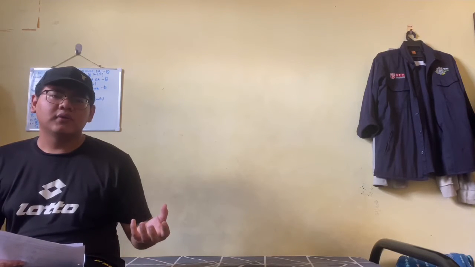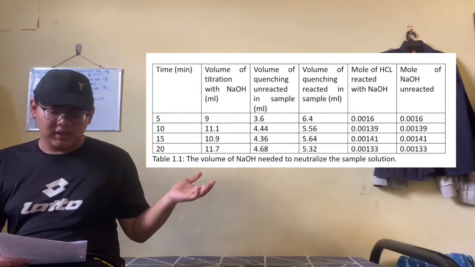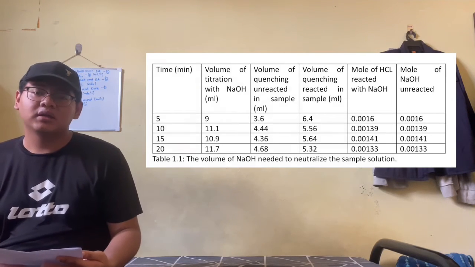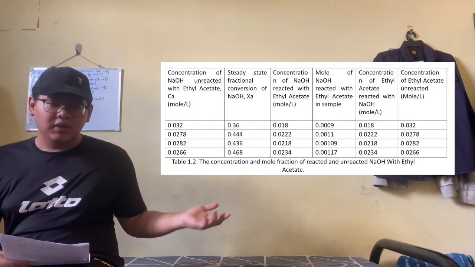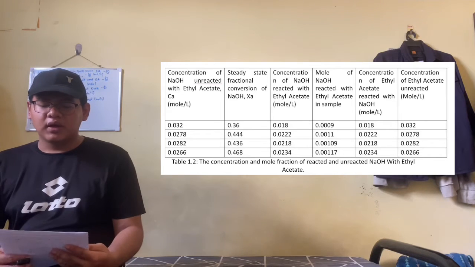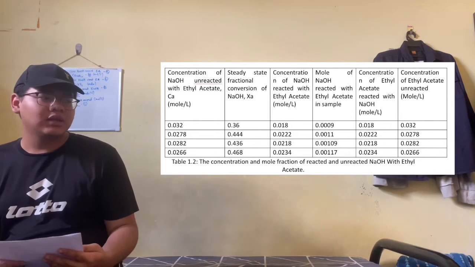The sample taken from the reactor is 50 ml. The first table shown here is the volume of sodium hydroxide needed for the neutralization, and the second table is the concentration and mole fraction of reacted and unreacted sodium hydroxide with ethyl acetate.